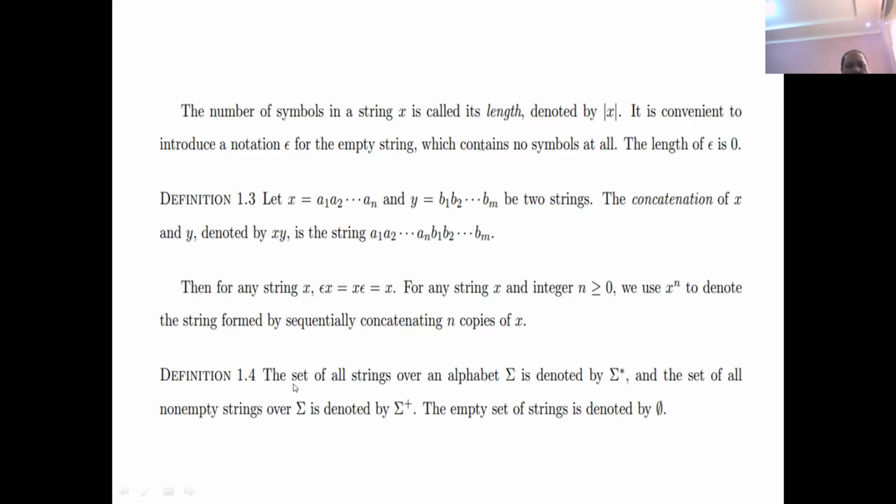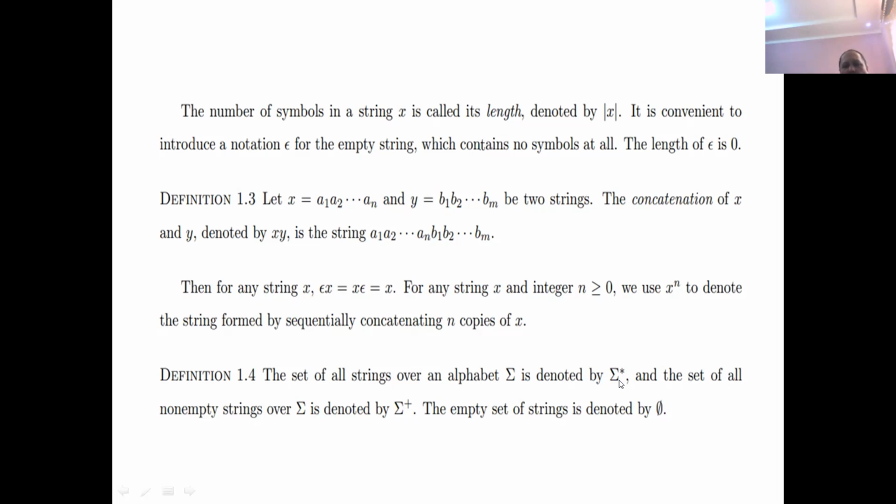Definition 4. The set of all strings over an alphabet sigma is denoted by sigma star, and the set of all non-empty strings over sigma is denoted by sigma plus. What's the difference between sigma star and sigma plus?